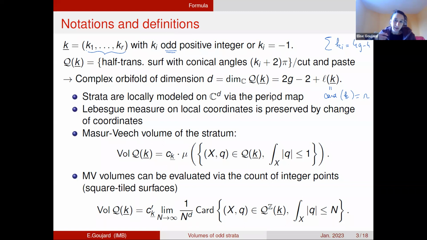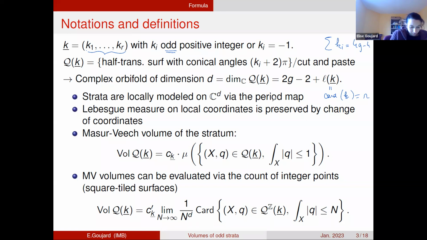And you consider only the anti-invariant part of the homology relative to the singularities, with respect to this involution. And this is a local model for your strata. So these are the periods or the local coordinates for your strata. But you can really think about the size of the polygons. It's okay.